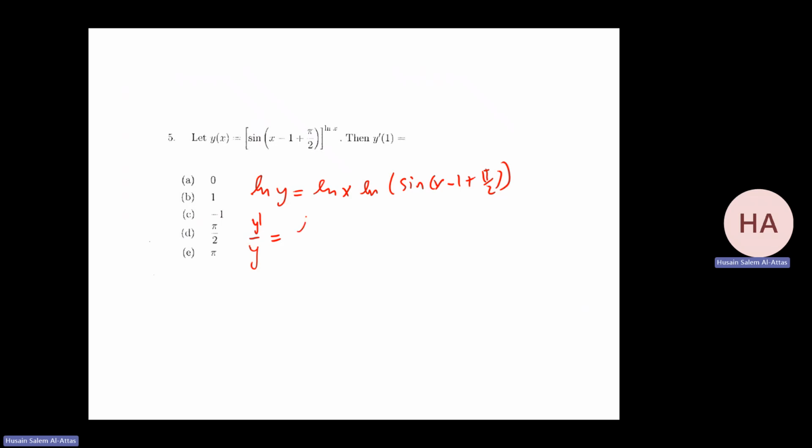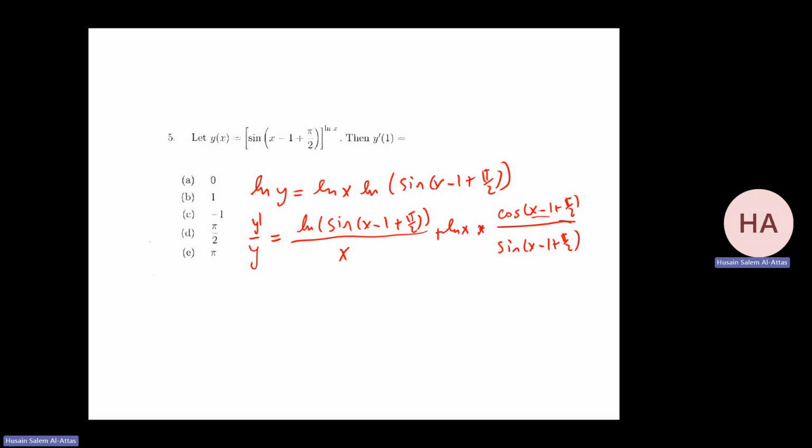That will be all of this over x plus ln x times, this is in the denominator, derivative of this, which is cosine of x minus 1 plus pi over 2. Derivative of this, which is 1. So no need to worry about it.